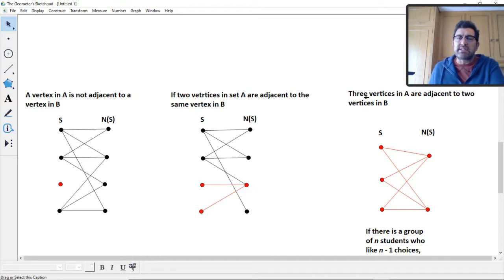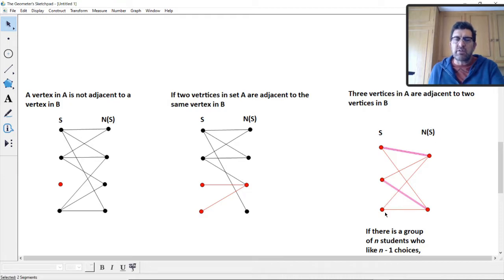The third case is if 3 of the vertices in A, this set over here, are adjacent to 2 of the vertices in B. Now that is quite obvious for the same reason as what we have here. If we assign that set to those 2 vertices and we assign this edge rather to those 2 vertices, then we've used both of the vertices in the neighborhood already.